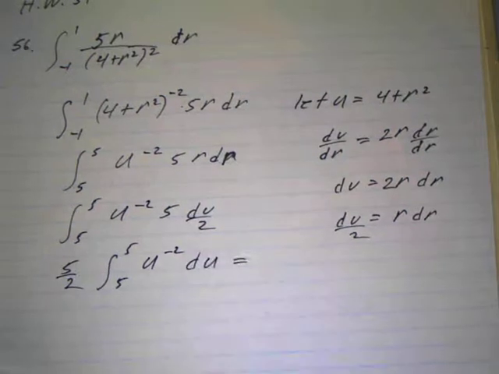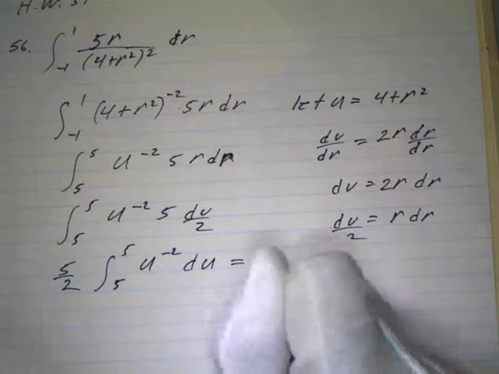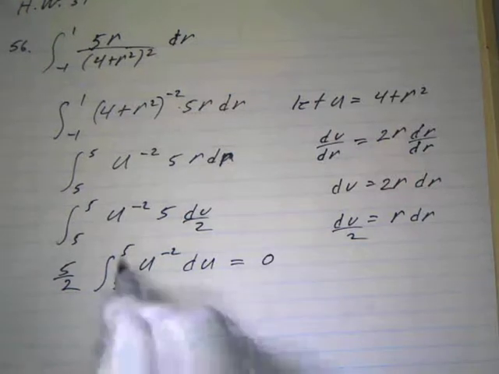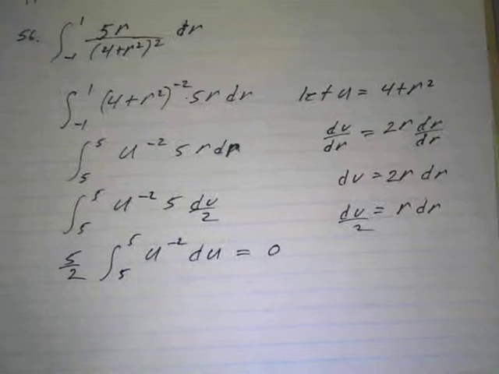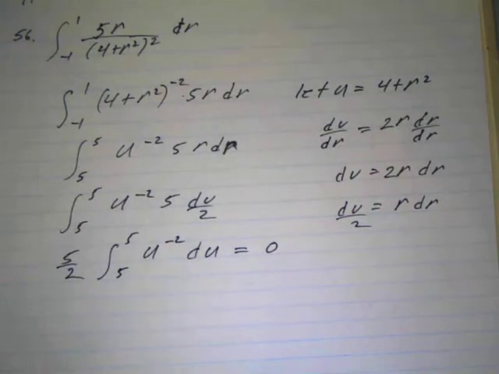And I think by now we can pretty much put this one to bed. 0, because we don't have to carry it out, that's going to be 0. So it's kind of funny that they have you do all that work. Okay, so that's 56. Let's take a look at 58.